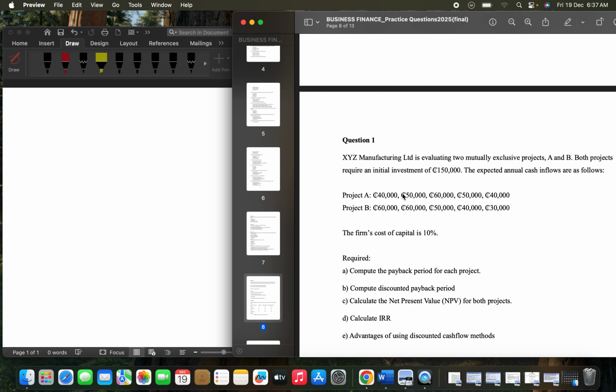I'll show you all the tricks involved. The first one is to check if the amounts given to you are cash flows.